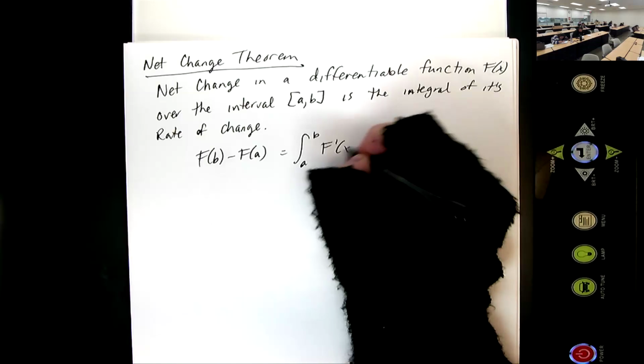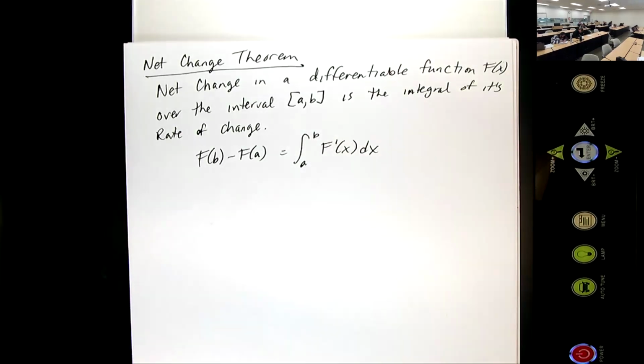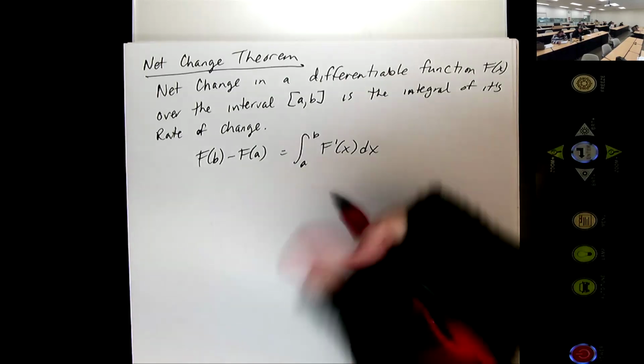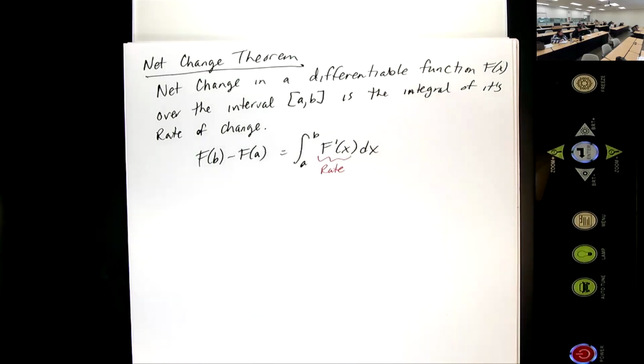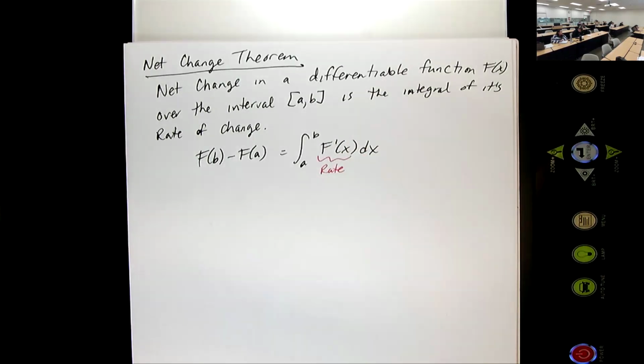I'm gonna write it like this, so it's clear what the inside is. F prime of x is a rate. It's like a slope, it's a rate.